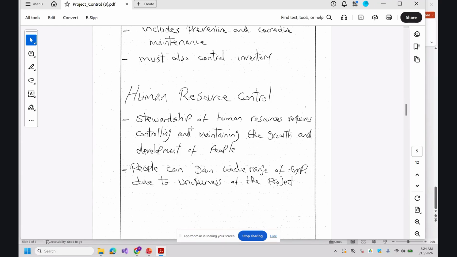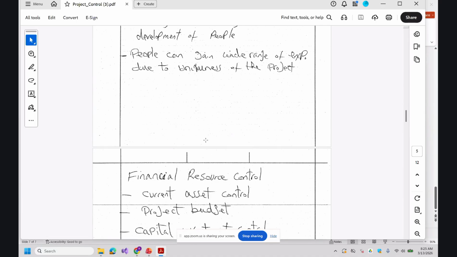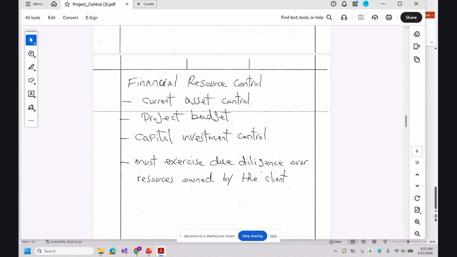Human resource control: the stewardship of human resources requires controlling and maintaining the growth and development of people, helping and leading your teammates to achieve their objectives, and continuously being a point of encouragement and help. Then there are financial resource control, current asset control, and the project budget. These are the document information that you need to have at your disposal, continuously looking at them and assessing the healthiness of your project.